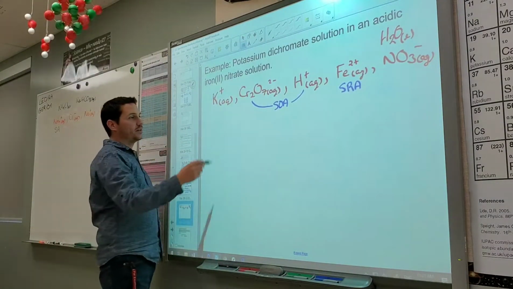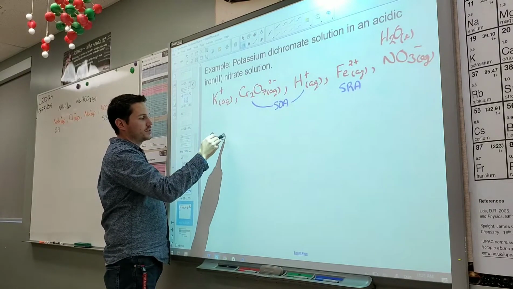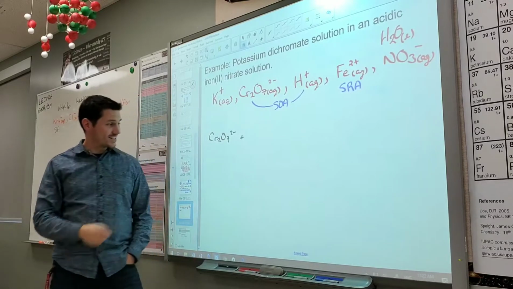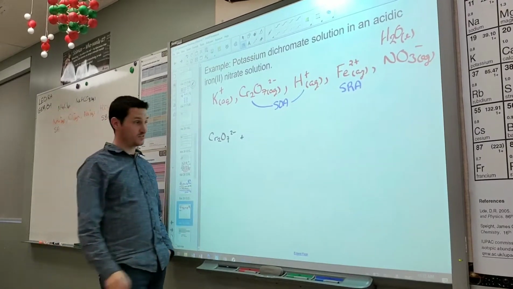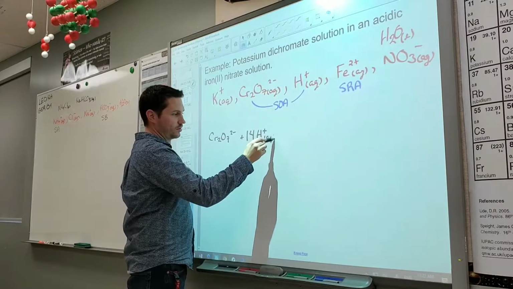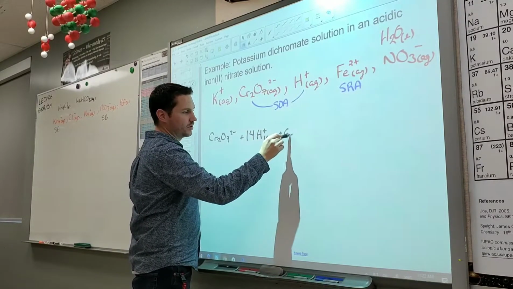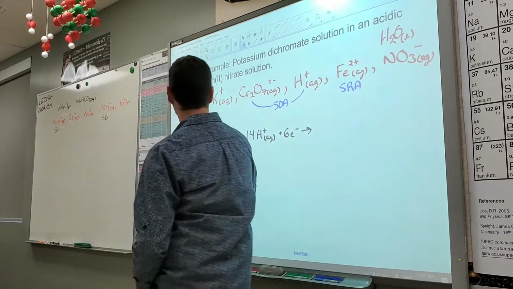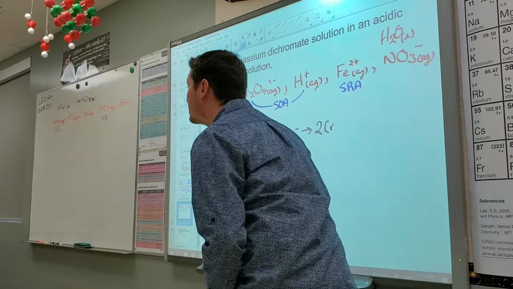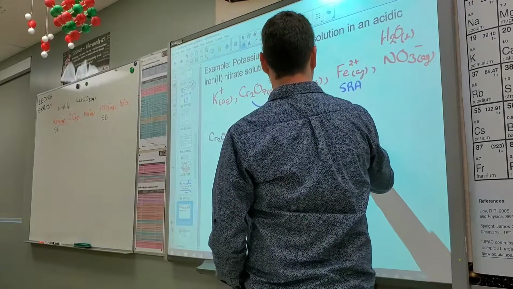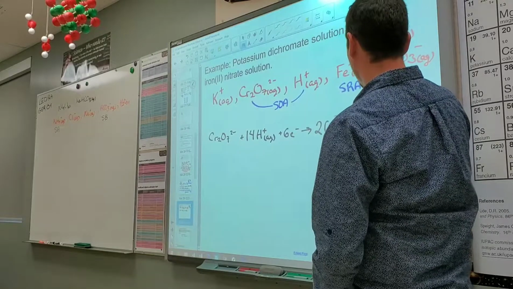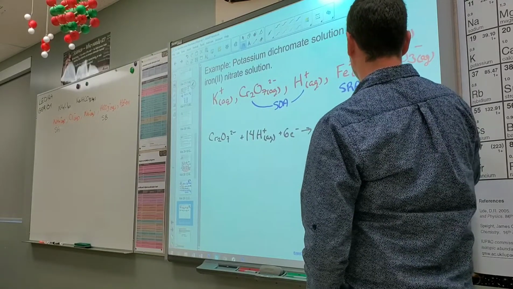So we're going to get our Cr2O7 2 minus plus 14 hydrogens plus 6 electrons turns into 2 chromium 3 pluses plus 7 H2Os.